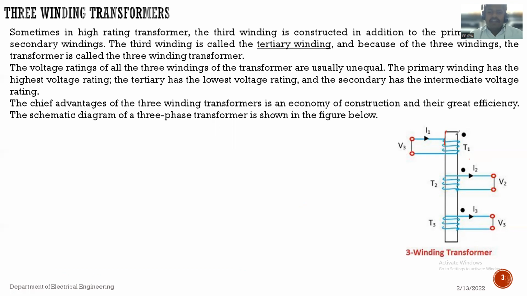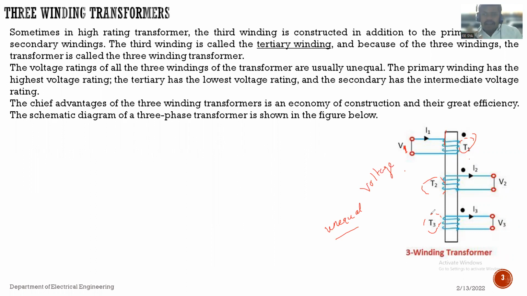And again, see the turns of the primary winding, turns of the secondary winding, and turns of the tertiary winding. So these are unequal numbers of turns. Due to that unequal number of turns, the voltage of each and every winding is also unequal. That is, the voltage rating is unequal, and voltage rating priority is given.